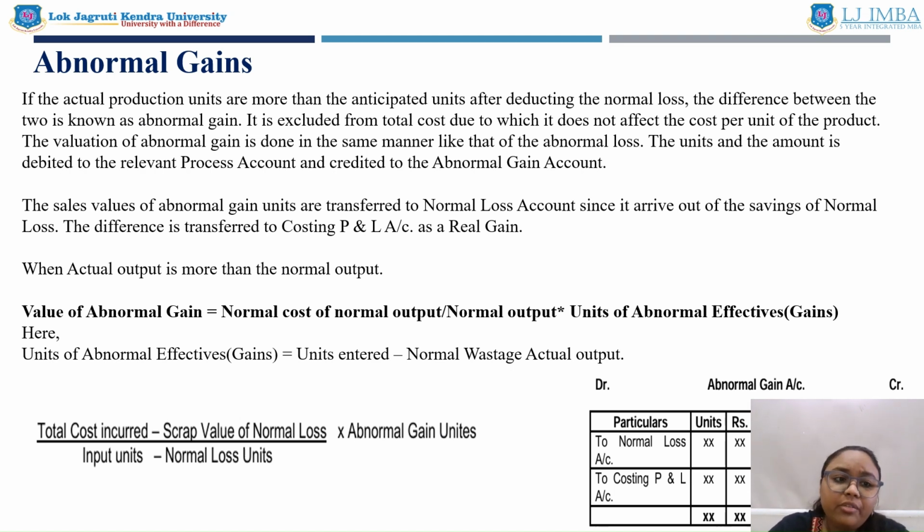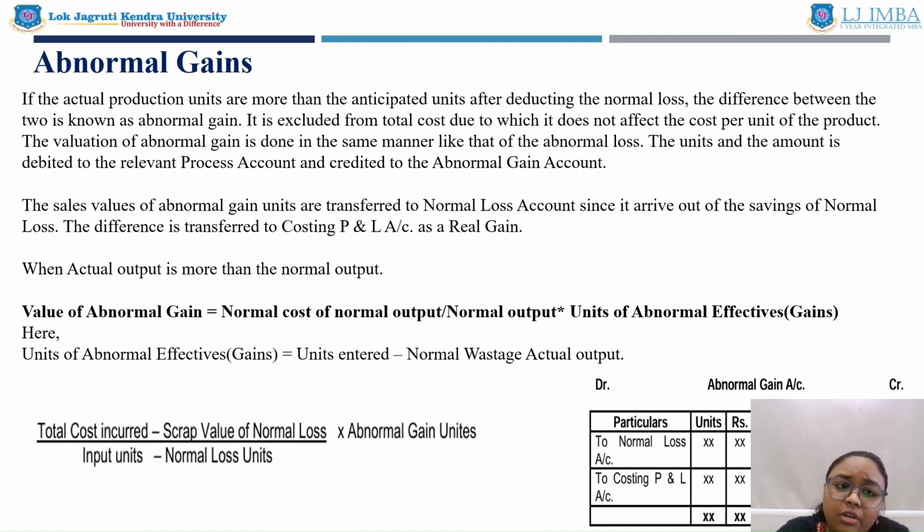So the difference between the two is your anticipated units and your production units, the difference between them after deducting the normal loss. Dear students, mind well, normal loss is a factor which cannot be avoided at any cost. It is always there as a part of the calculation in every process.